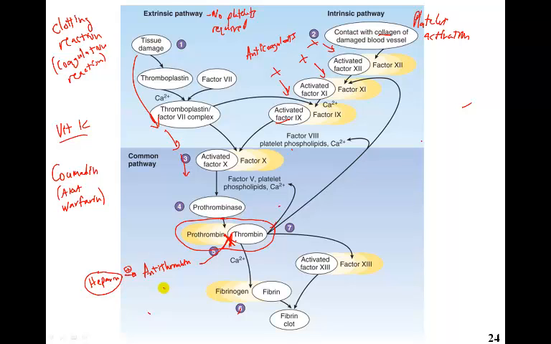The answer is less, right? So antithrombin breaks down thrombin. So heparin activates antithrombin, and therefore that causes a lot of the thrombin to get broken down, and therefore less clotting. So heparin is also a pretty potent anticoagulant. So it's got some pros and cons.